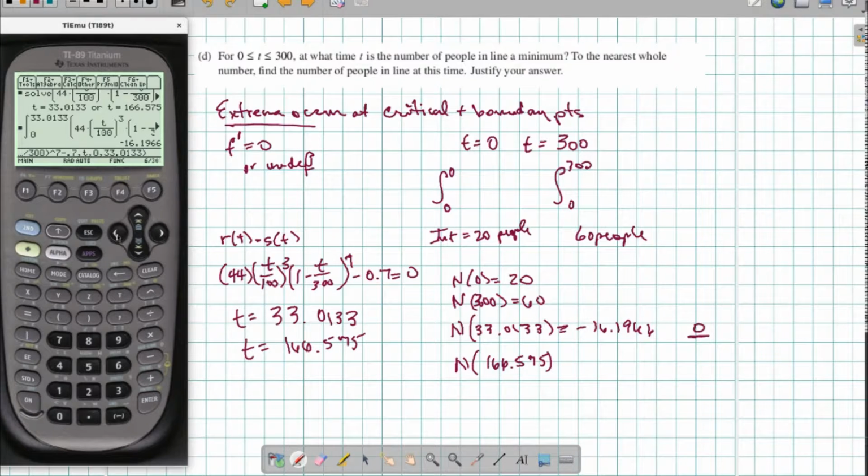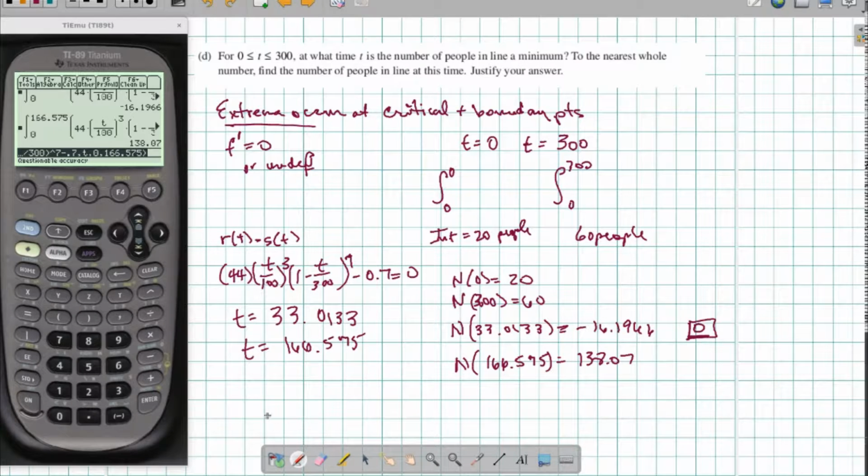I'm going to need to do the exact same thing with 166.575. And this is 138.07. So in other words, this ends up being my minimum.